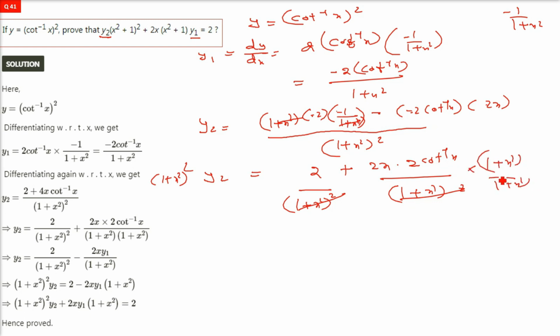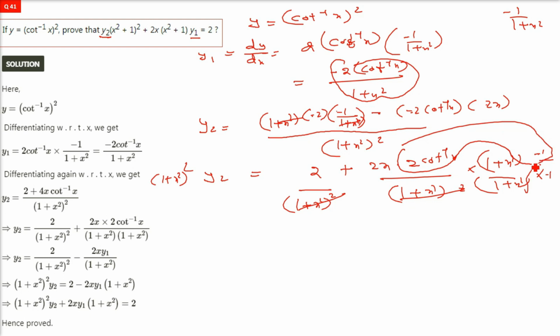So like this. When you introduce this numerator and denominator, one of the terms we got as y1, but it is negative. So I am multiplying negative 1 in the numerator and denominator, and this negative 2 cot inverse x divided by 1 plus x square is y1. So you have 2 plus y1. 2x is already there, and inside that I made y1.